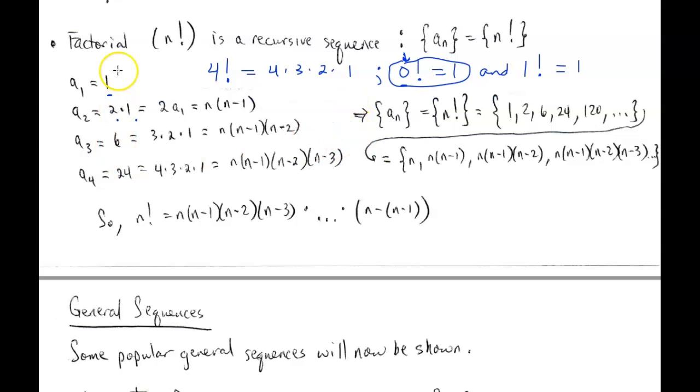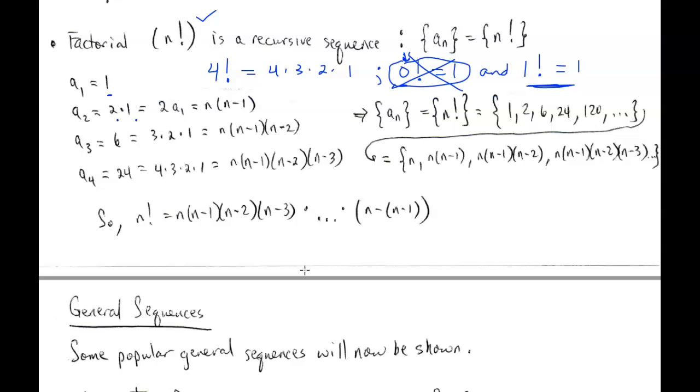So in defining it this way, they kind of skip this one and they just start with this one. But again, in some applications of using the factorial, we also define 0 factorial as being 1 for convenience as well.